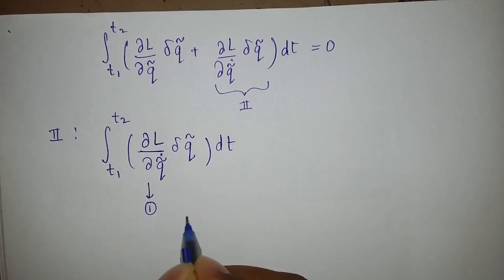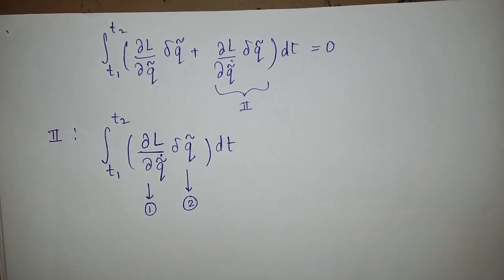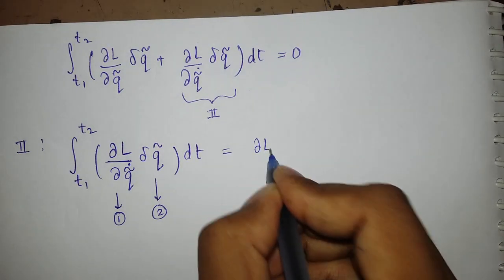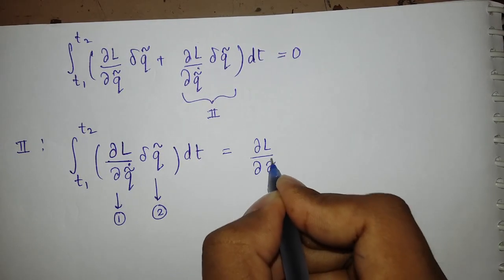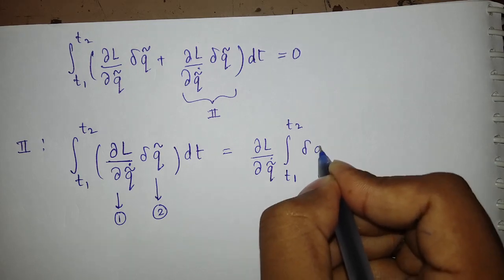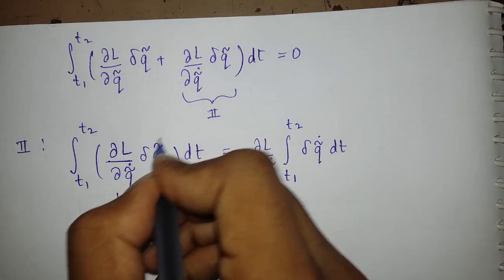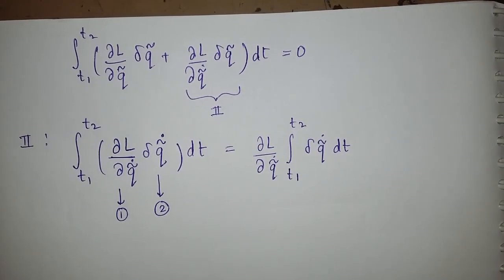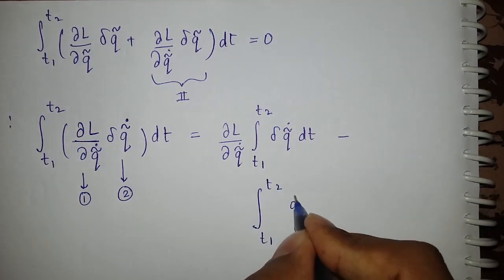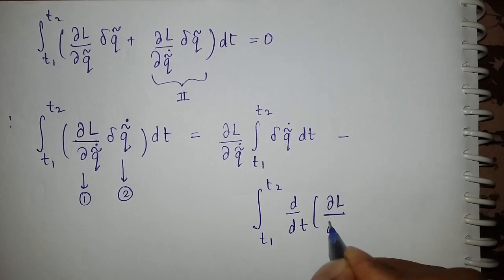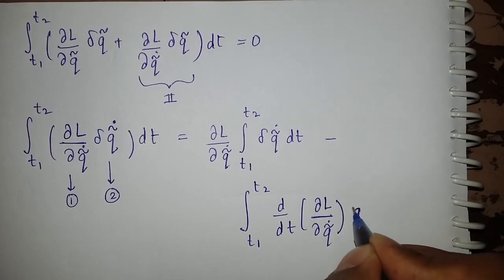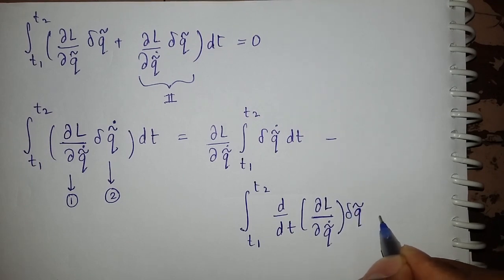If we choose this to be our first function and this our second function, and use the technique of integration by parts, this would give us dou L upon dou q tilde dot times the integral of delta q tilde dot dt, minus the integral from t1 to t2 of d by dt of dou L upon dou q tilde dot times delta q tilde dt.